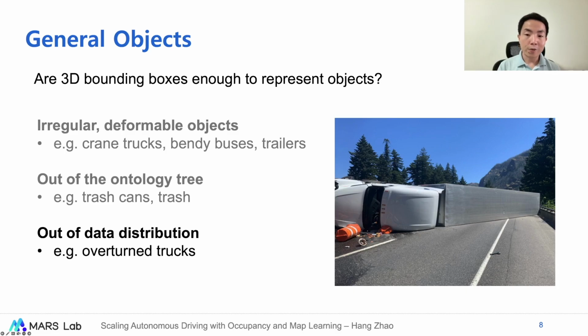Say, an overturned truck. These general objects make 3D detectors have a very hard time recognizing and localizing them. That is why 3D occupancy becomes a desirable representation. 3D occupancy was also advocated by Tesla last year.